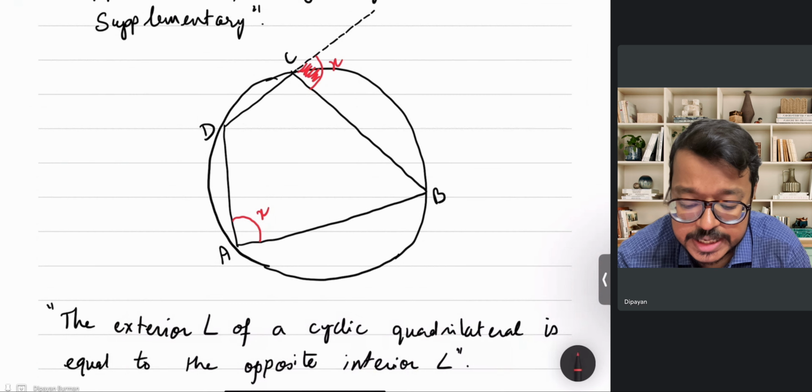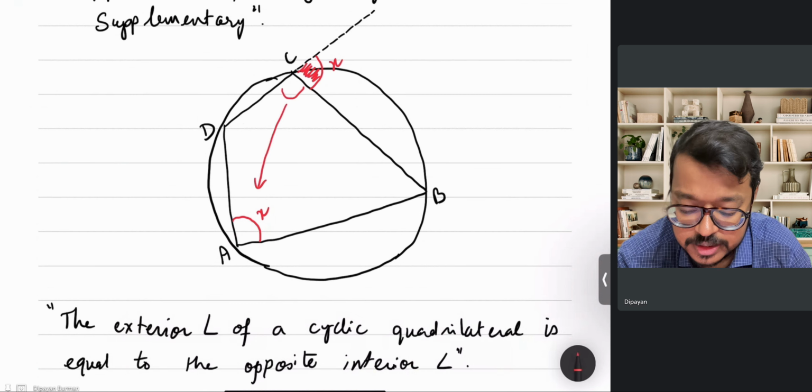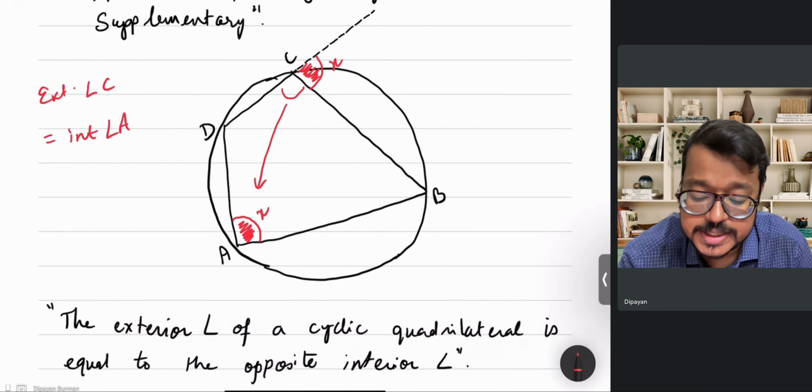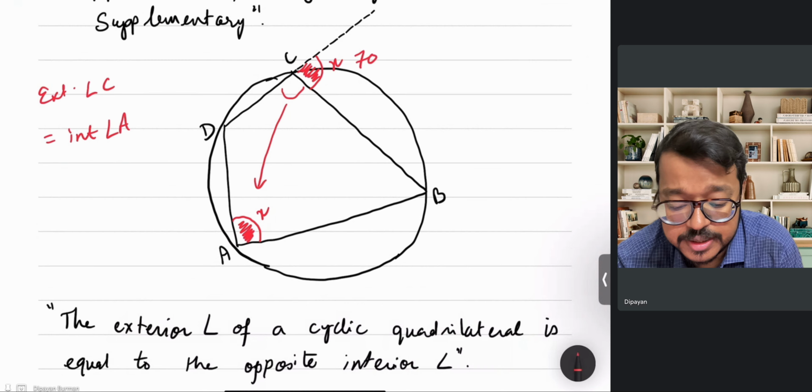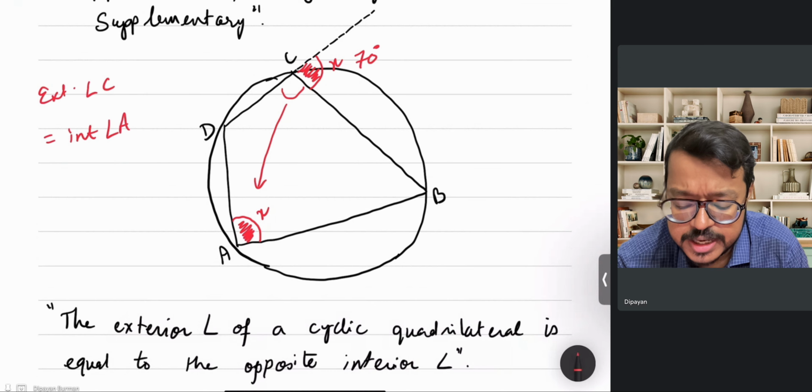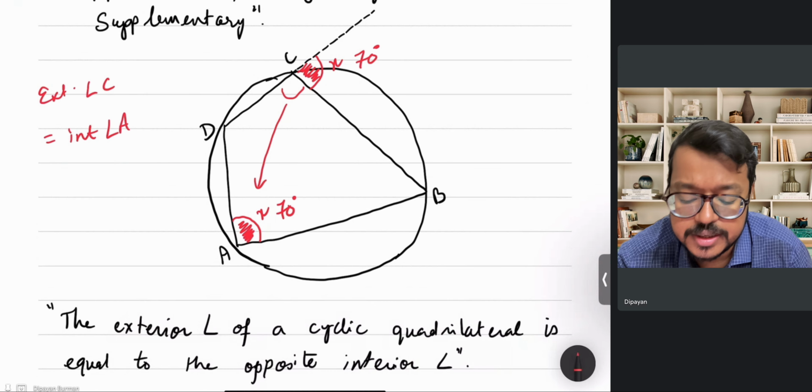So if I look at interior angle C, its opposite angle is angle A. So exterior angle C is equal to the interior angle A. If I take some numbers, for example, let's say exterior angle C was 70 degrees, then interior angle A will also be 70 degrees.